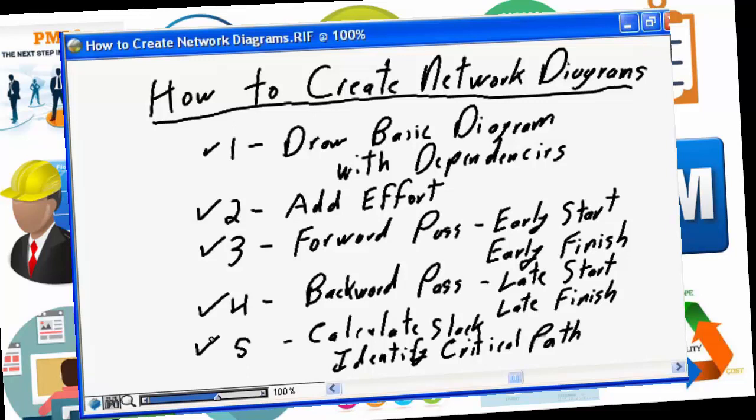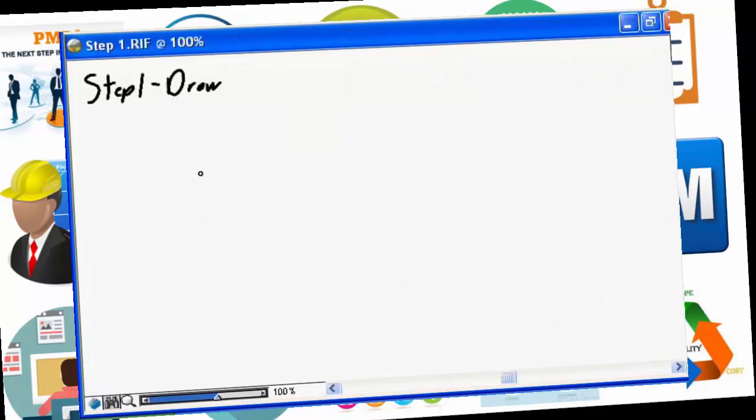So let's put this into action. Step number 1 is to draw the network diagram itself. I'm going to keep my network diagram fairly simple, so we're going to have the start. And from the start, I have 2 separate tasks that have no predecessors.